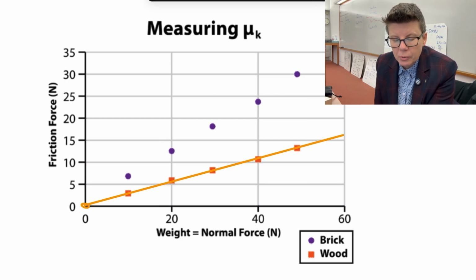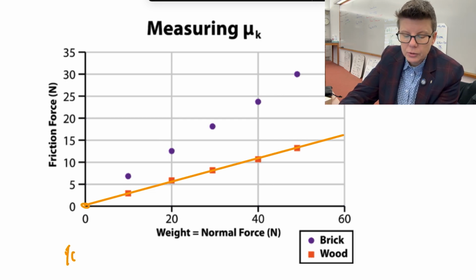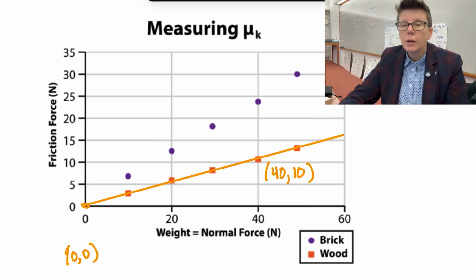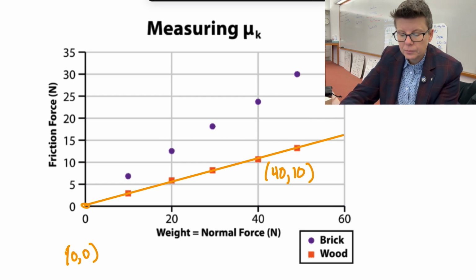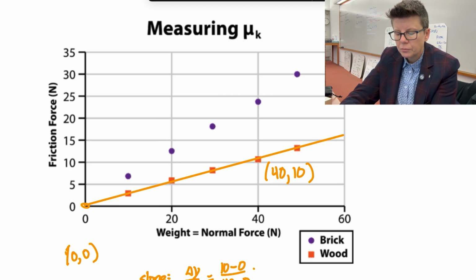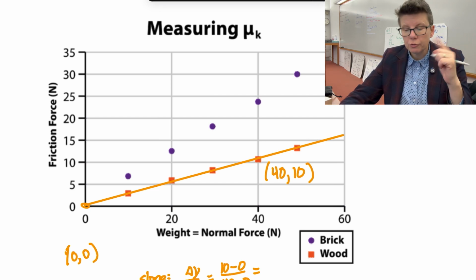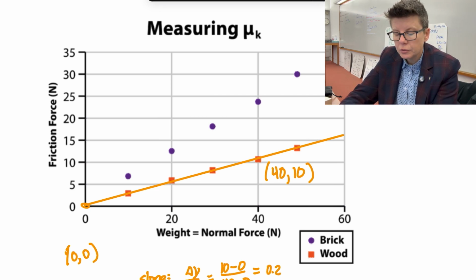I'm going to use the point 0, 0, and the point which is about 40, 10. I'm going to calculate that slope. Let's see, 10 over 40, 1/4, 0.25.